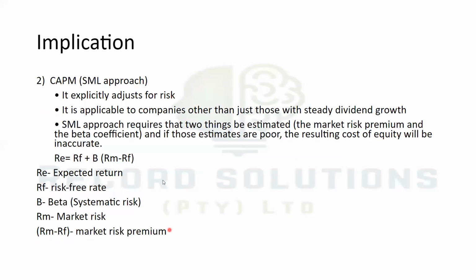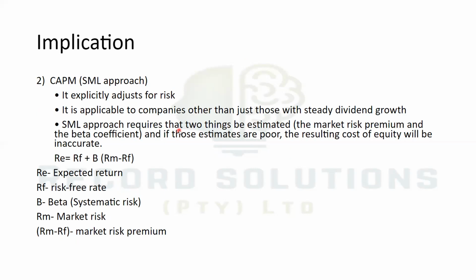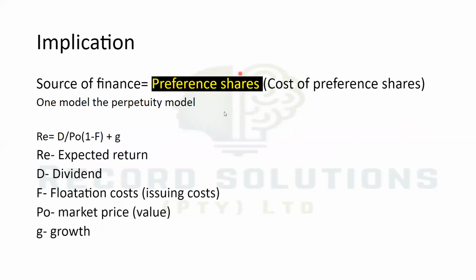And if they give you information relating to both, then I'm telling you now, choose the CAPM model, unless in the scenario you can explicitly see that this company is issuing dividends and it's growing at a steady rate. Otherwise, use the CAPM if you have a choice, right? But you'll see they will either give you information relating to this or this. Then you just use that formula, right? And we can continue to our next source of finance.